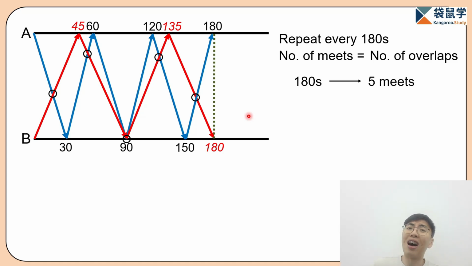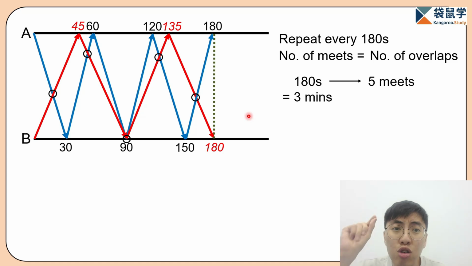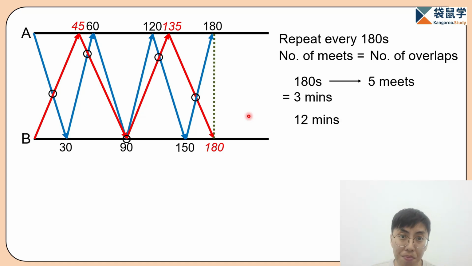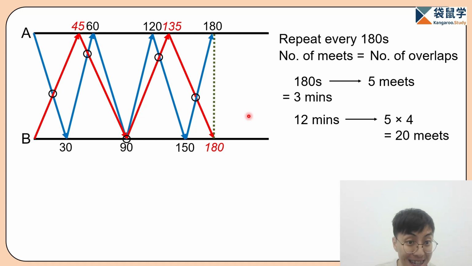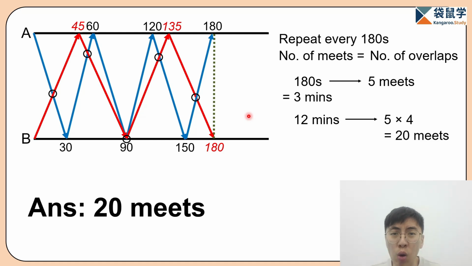And 180 seconds is just 3 minutes. So for a total of 12 minutes, how many times do they meet? It should just be 5 times 4, which is 20 meets. And there we go, we have our answer of 20 meets within this 12 minutes.